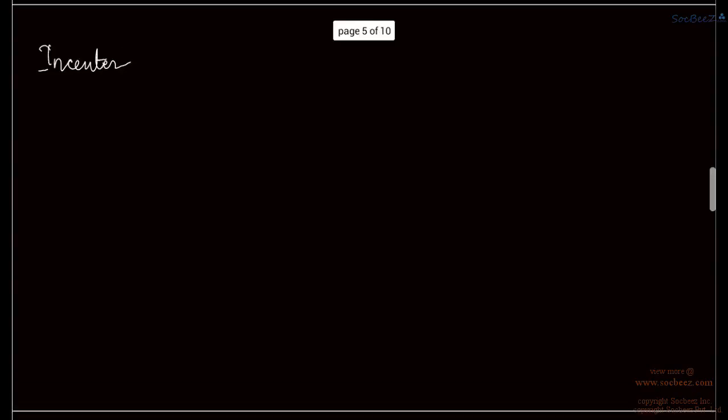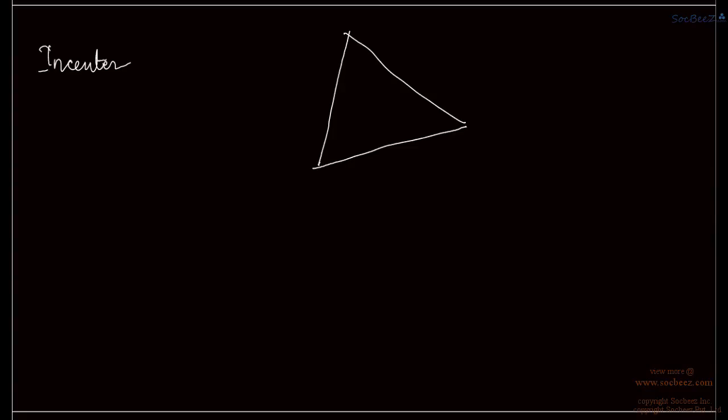Incenter, okay. So the incenter is the point of concurrence of the angle bisectors of a triangle. So this is A, this is B, this is C, and this is side a. Again, this is side b, and this is side c.